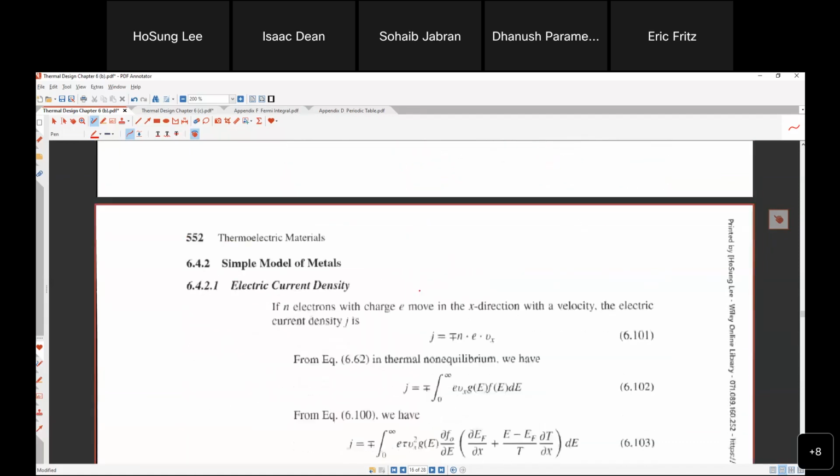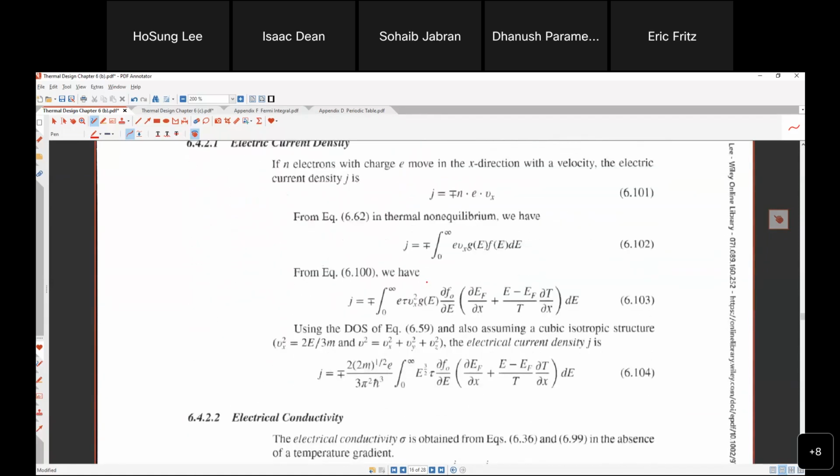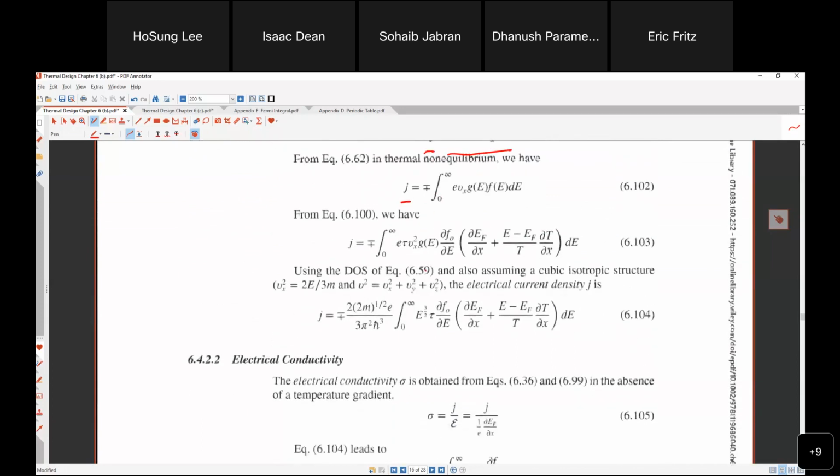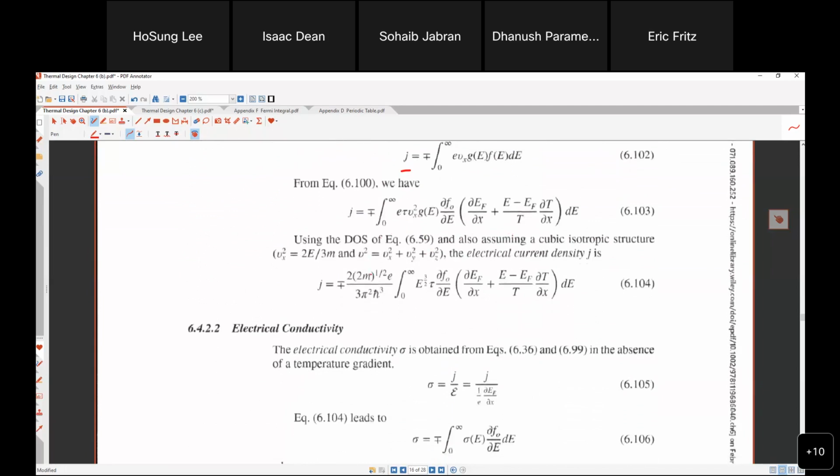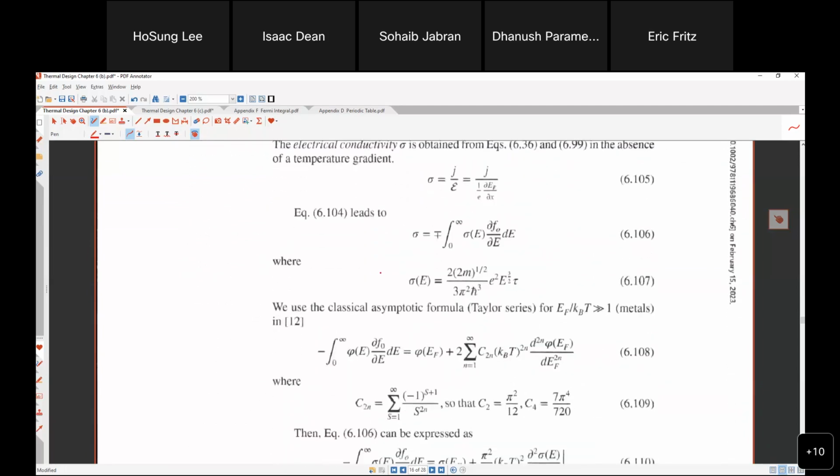Okay, electron. So that we are able to express the current now in terms of the distribution, Fermi distribution, and we come up with simple equations. This is part of this. Okay.